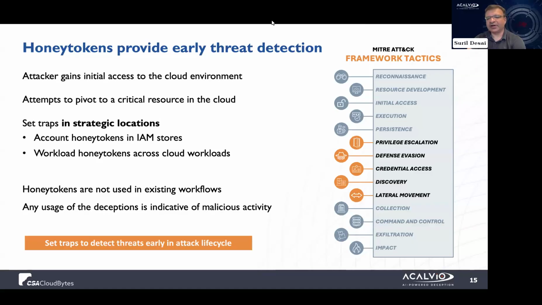For example, being able to perform discovery, gain access to credentials, elevate privileges, perform defense evasion, and then lateral movement. By setting traps for each of these tactics, the defender can detect the attack right at that stage itself, before it actually matures and propagates in the environment. That way you can detect the threat and stop the attack from propagation.